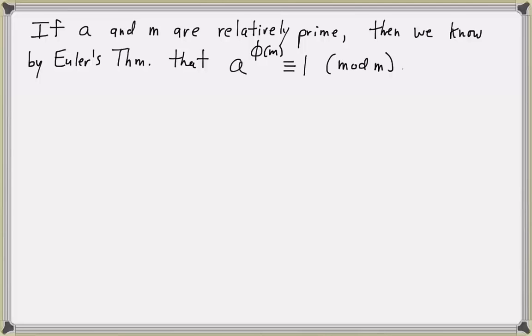So for example, the number 13 is prime, and therefore phi of 13 will just be 12. So any residue that's relatively prime to 13, if I raise it to the power 12, that should be congruent to 1 mod 13. So for example, 3 to the power 12 should equal 1 mod 13.